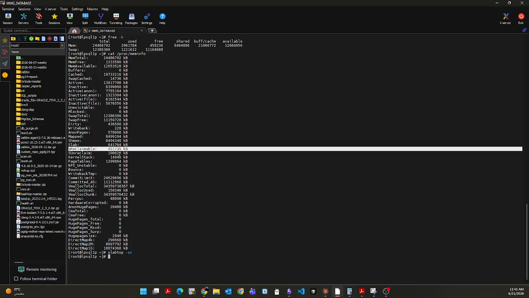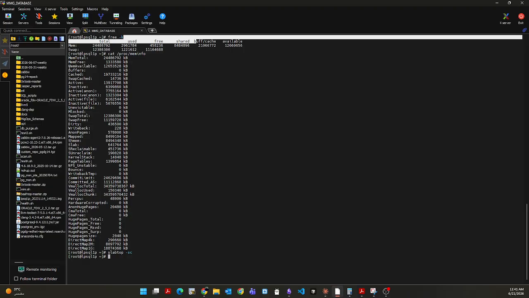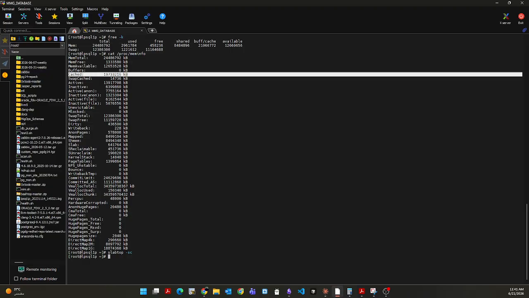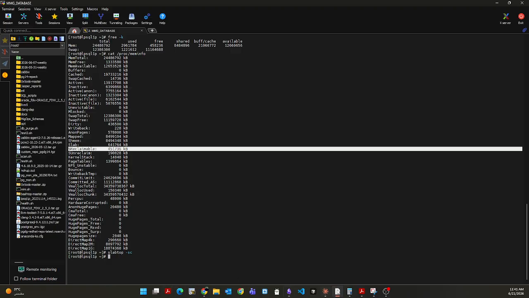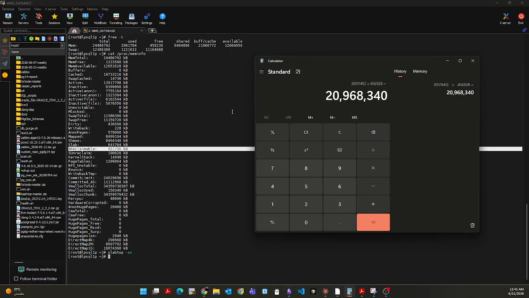As I said, it is basically the dentry, the inode, the buffer head, those kinds of things. So, as I was saying, the buff/cache is just the cache, which is this field, plus slab reclaimable, this field. If we do the calculation, we'll find them almost the same.